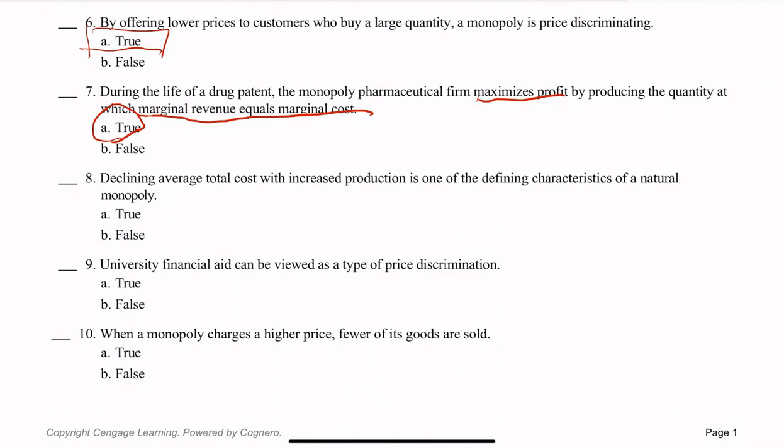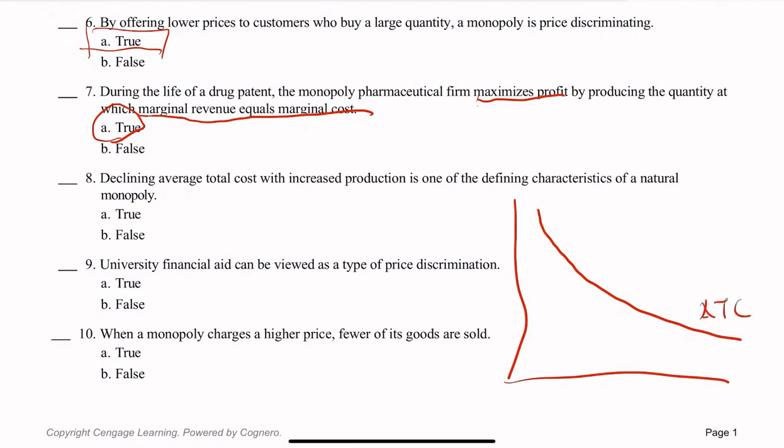Declining average total cost with increased production is one of the defining characteristics of a natural monopoly. So this is correct, because we know that if we have a natural monopoly, then its ATC curve is always declining, right? So this is true. University financial aid can be viewed as a type of price discrimination.